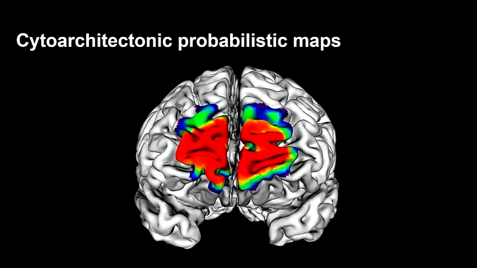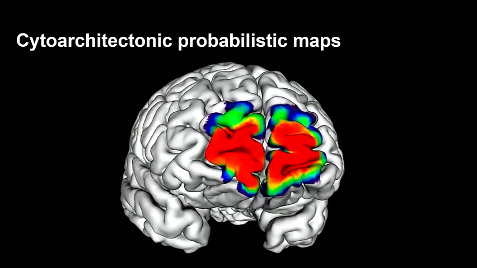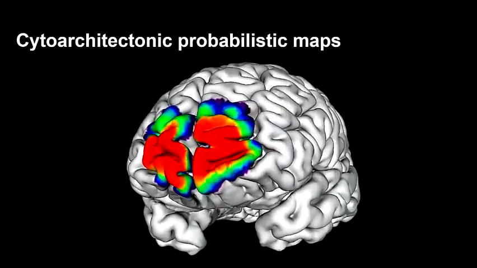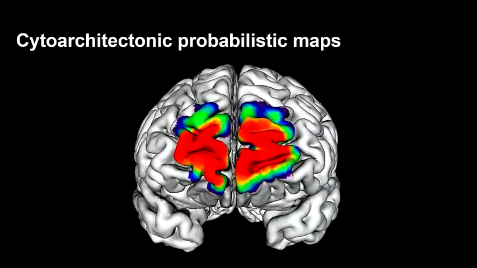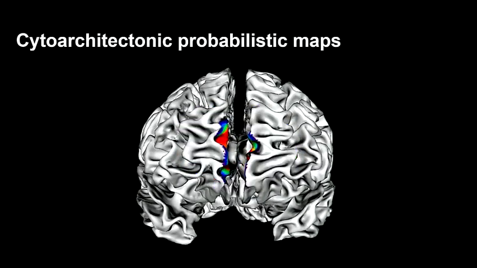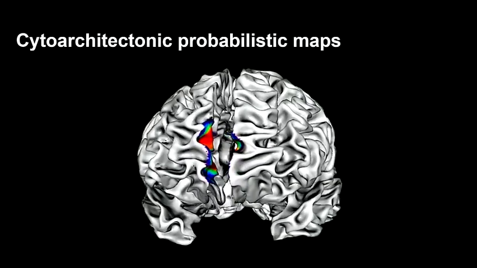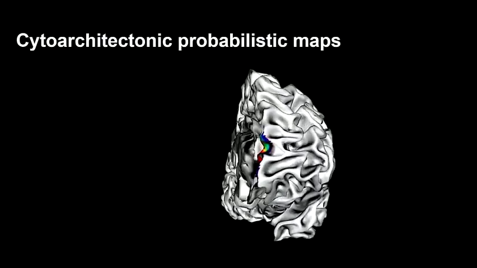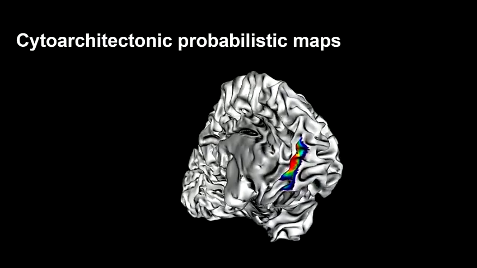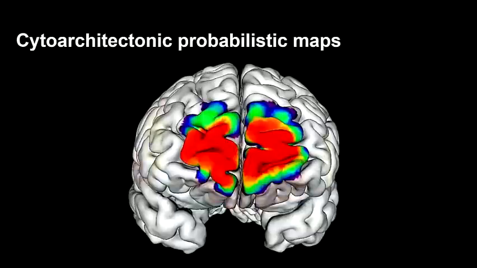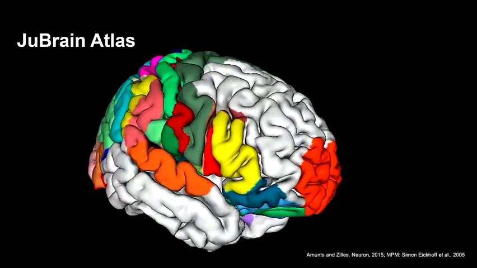And these two areas have an intersubject variability. Also, other areas, for instance, Broca region, have a higher variability, and a third type of brain regions, for instance, subcortical nuclei, very often have a lower intersubject variability, as indicated here.